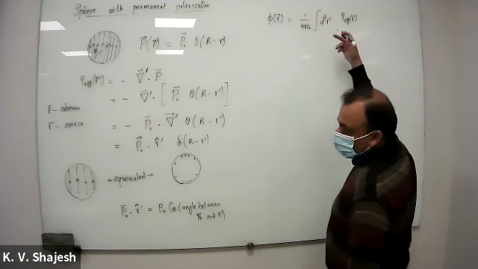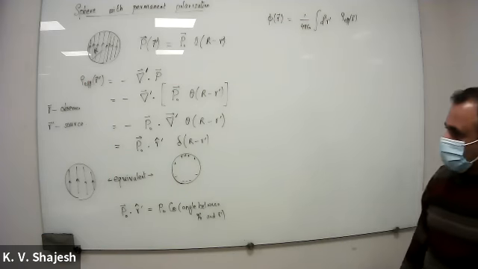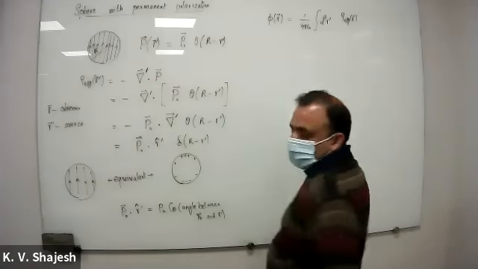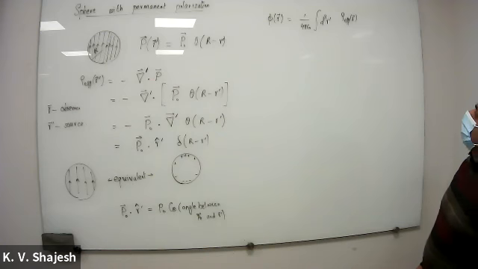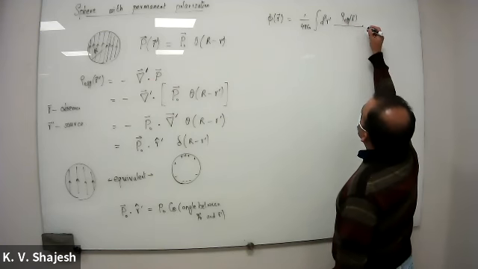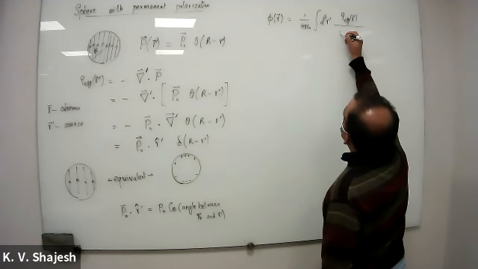Effective charge density has to do with the charge density associated with the polarization. So that's a negative gradient of P that shows up. That's over R minus R prime.